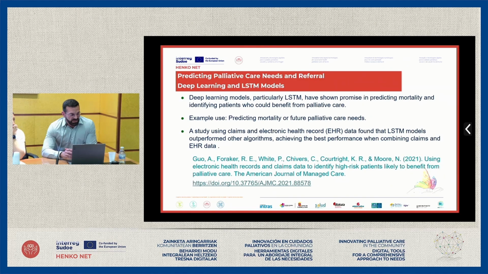So a last example of predicting palliative care this time is a model using deep learning. In conclusion, this model has shown promise to predict mortality and also to identify patients who could benefit from palliative care. And it was also validated on a mix of data from electronic health records, combining claims and real-world data.